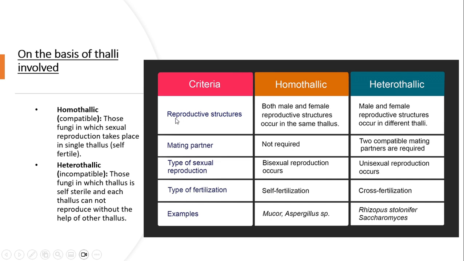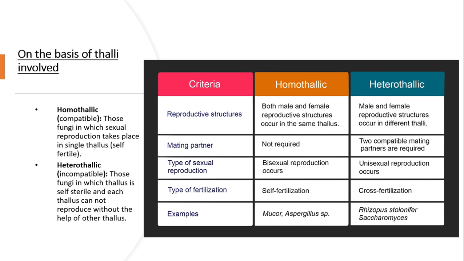Reproductive structures: in homothallic fungi, both male and female reproductive structures occur in the same thallus. In heterothallic fungi, male and female reproductive structures occur in different thalli. Mating partner: in homothallic fungi, that is not required, but in heterothallic fungi, two compatible mating partners are required.